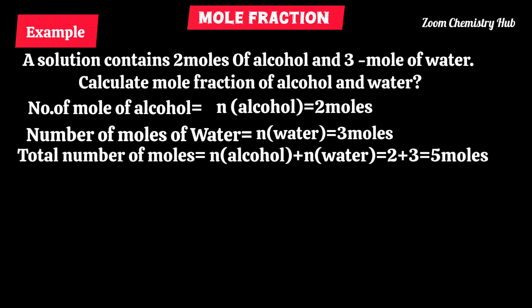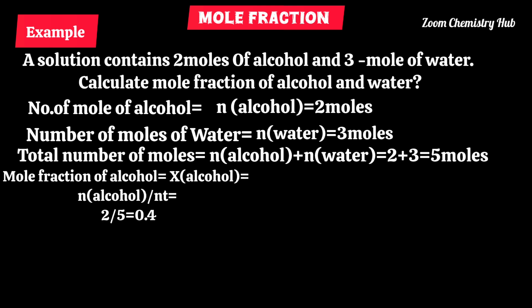Now the total number of moles of both the components is 5 moles, that is the number of moles of alcohol, 2, plus the number of moles of water, 3, and the total number of moles of the solution is 5 moles. And the mole fraction of alcohol we have to calculate first.